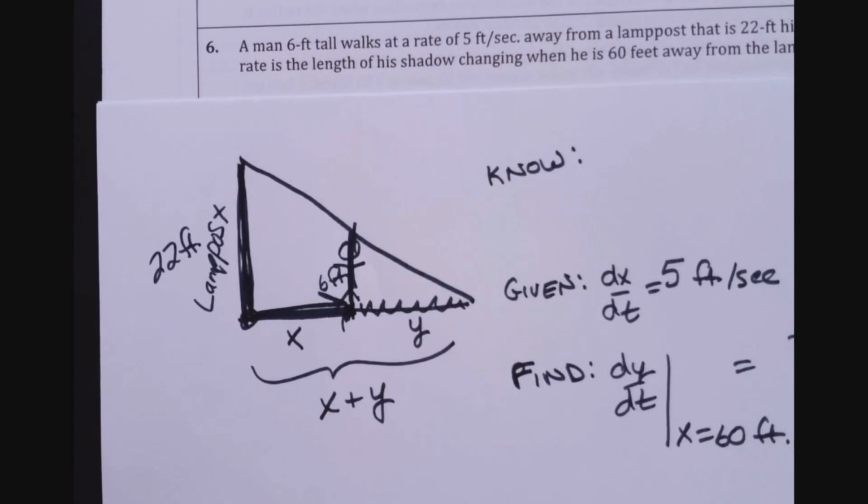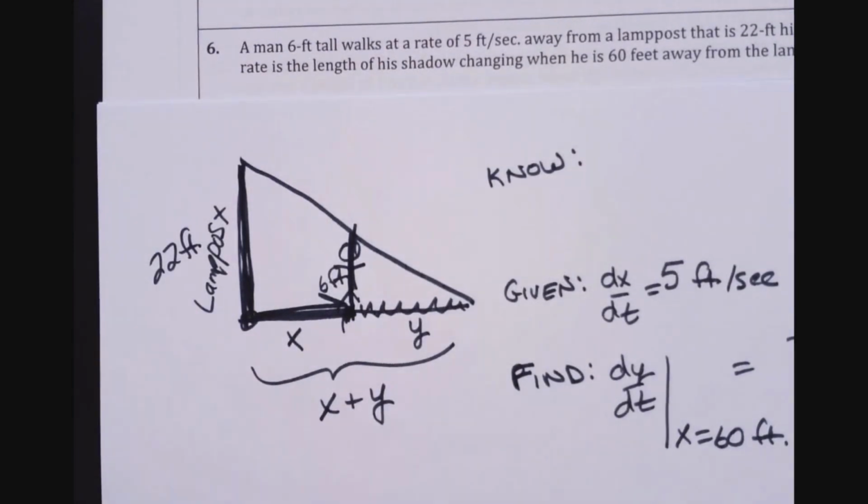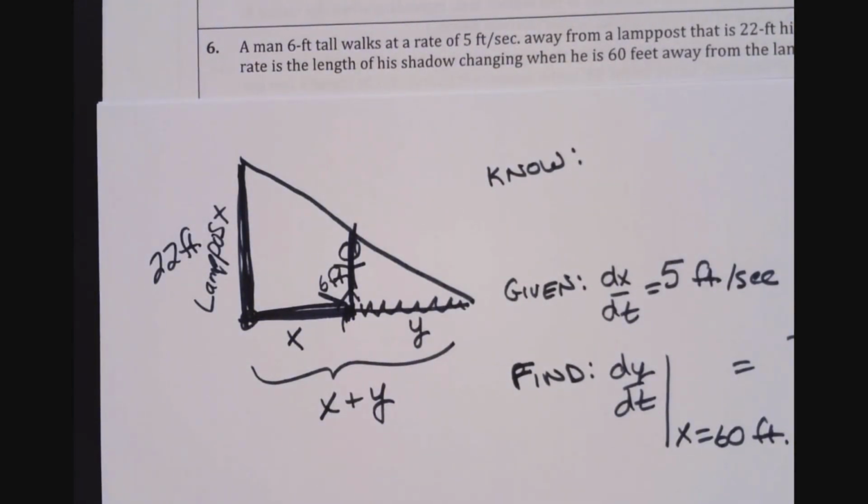Look at that figure. Is the Pythagorean theorem going to help us here? No. We don't have area. We don't have volume. No other geometry. Do you see the similar triangles in here? Yes. You see the similar triangles, the small triangle with the large triangle? So we can set up a ratio again.